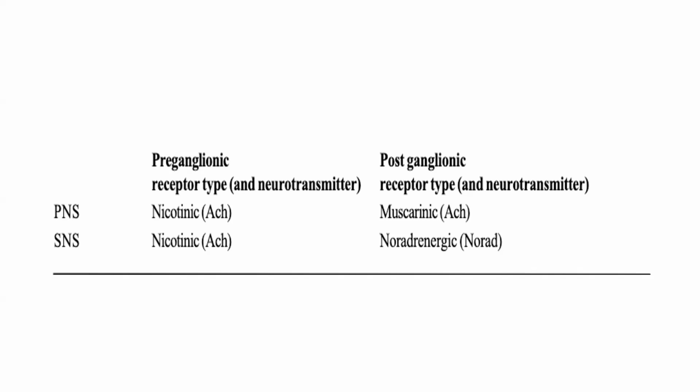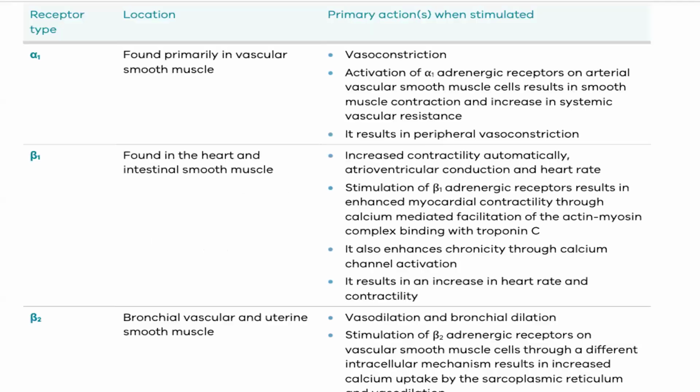I'm bringing up this slide because the postganglionic receptor of the sympathetic nervous system is the area of interest, which most pharmacological inotropes or vasopressors tend to act on. Okay, next slide. So this is another quick revision.